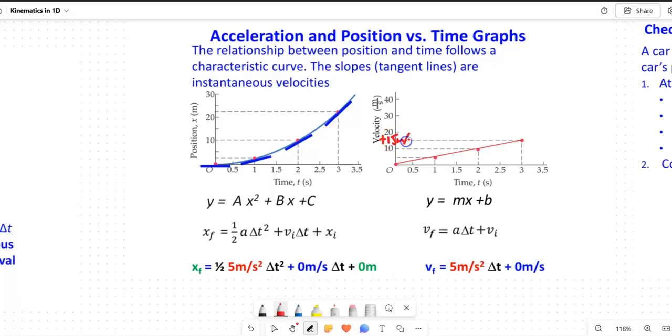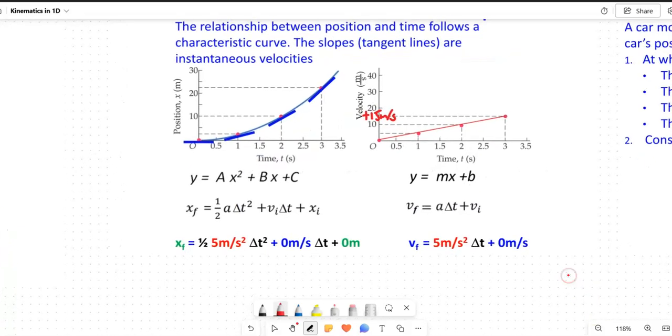If we use this equation, it starts off with a velocity of 0, and then across 3 seconds, 3 seconds times positive 5 meters per second over a second, we're going to end up with a final velocity of positive 15 meters per second. So this linear fit does work on this equation.